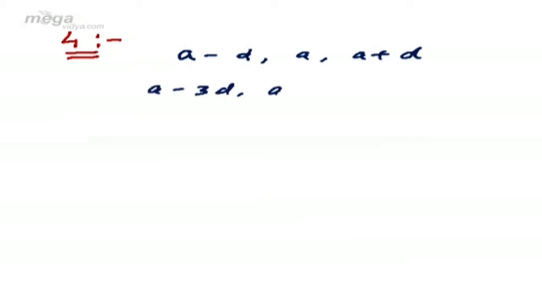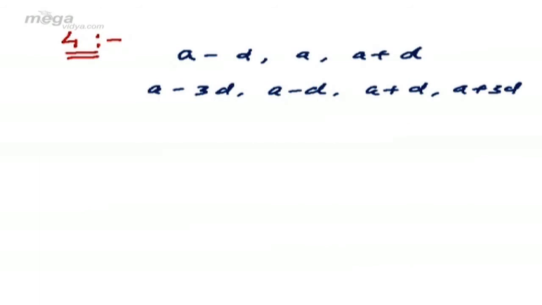Now you see the property number 4. In property number 4, if you want to suppose 3 numbers that are in AP, then you can suppose the 3 numbers to be A minus D, A, and A plus D. It will make the calculation easy in the questions. If you want to take 4 numbers, in that case you can take A minus 3D, A minus D, A plus D, and A plus 3D.